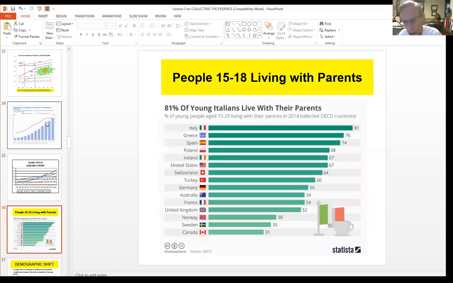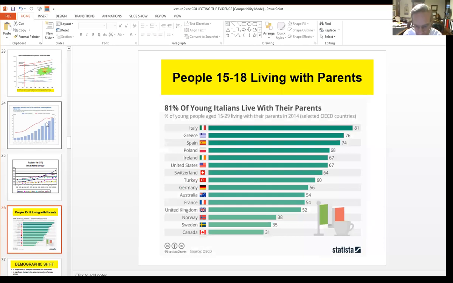Here's one that has some rather interesting ramifications. I won't get into it because you could have quite a conversation, but these are the people 15 to 18 years old who are still living with their parents. Not a surprise that 2/3 of the young people 15 to 18 years old in this country still live with their parents.